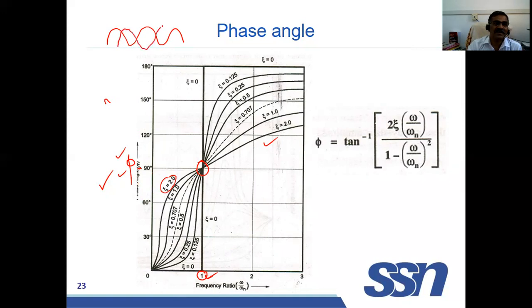So this is the phase angle difference. The phase angle is less than 90 degree when omega by omega n is less than 1. When omega by omega n is greater than 1, the phase angle is more than 90 degree. And exactly at 1, that is at resonance, the phase angle is equal to 90 degree.